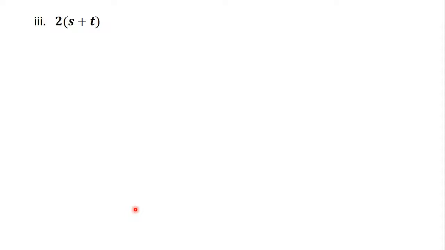Let's look at the last one, which is 2 into bracket s plus t. Now, when you're given something in brackets like this, you first have to do what is in the bracket, then use the scalar outside to multiply it. So you first have to perform the operation s plus t. s is (2, 4), and t is (3, -5).